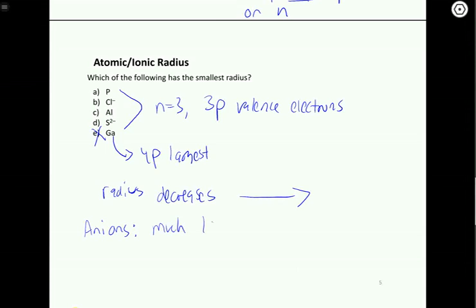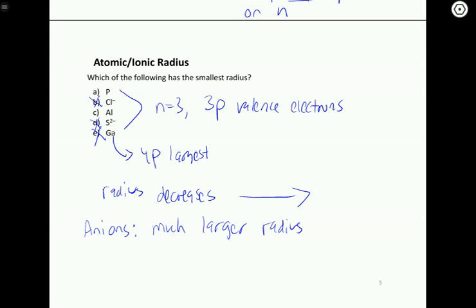If you're comparing a neutral atom and an anion where they have the same types of valence electrons, in this case 3s and 3p, the anions are going to have a much larger radius. So if we're looking for the smallest radius, we can eliminate Cl- and S2- because those are anionic species. And when you add electrons into these outer shells, remember we're going to increase the electron repulsion, and that has a very large effect on the radius.